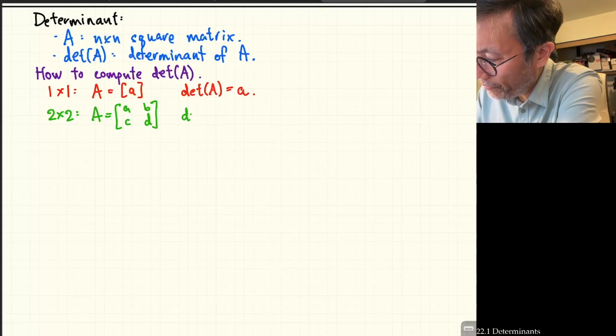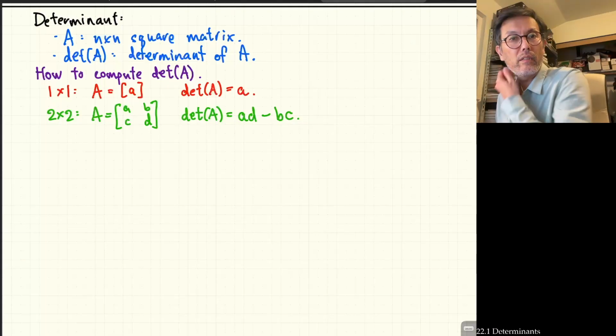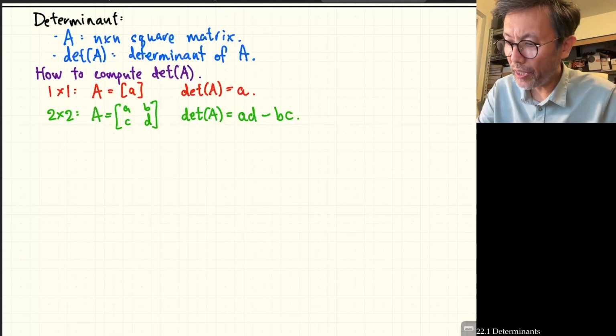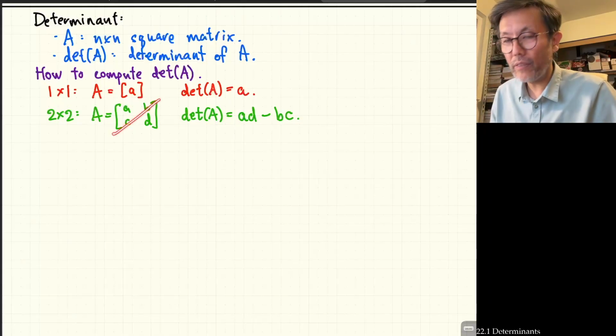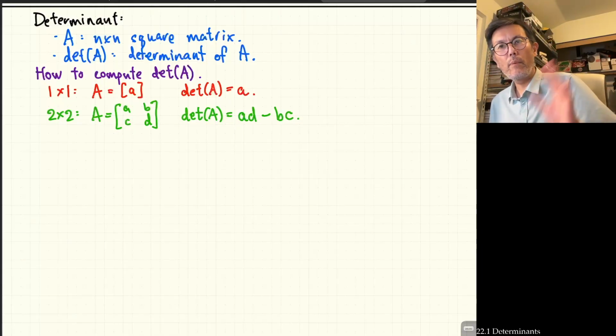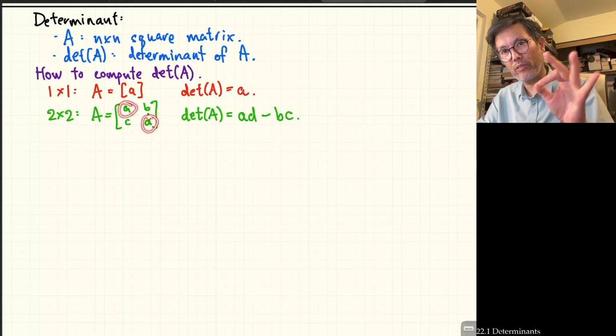The determinant of A is going to be AD minus BC. Okay, it's the product of the diagonal entries minus the product of the off-diagonal entries. Remember, we refer to this as sometimes the main diagonal or the diagonal of the matrix. That is the places where the row index and the column index are the same, remember.